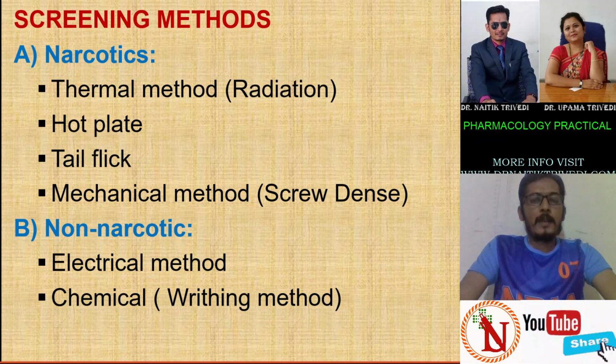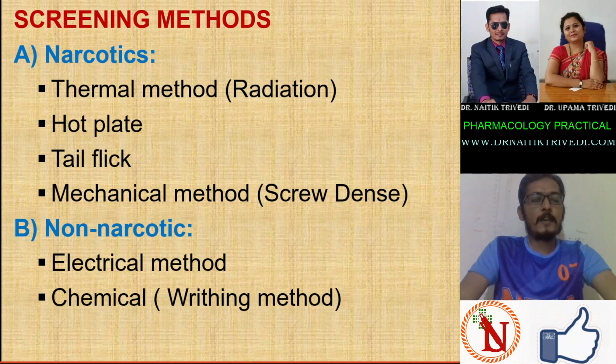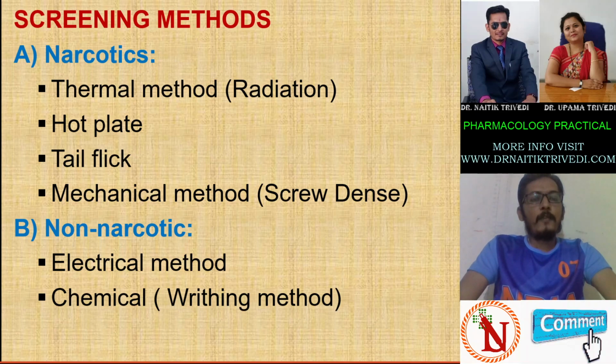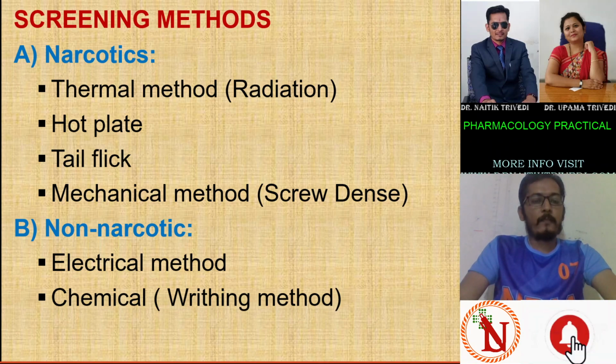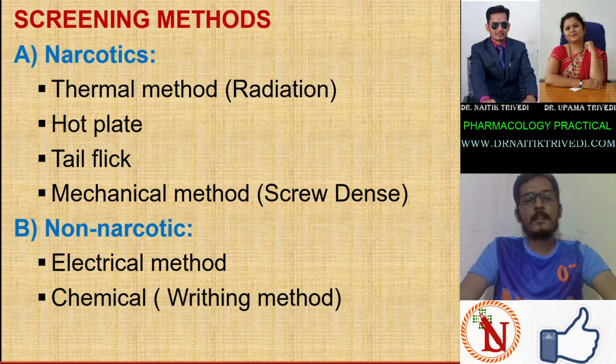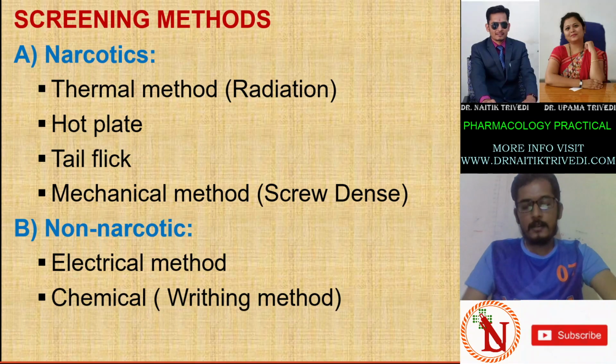Generally, thermal methods, for example radiation, the hot plate method and tail flick method, and mechanical methods, for example the screw gauge method, are preferable for narcotic analgesic drugs. Electrical methods and chemical methods, which are also known as the writhing method, are generally preferred for non-narcotic analgesic drugs.